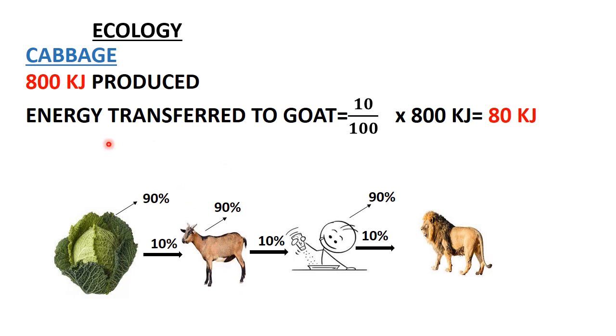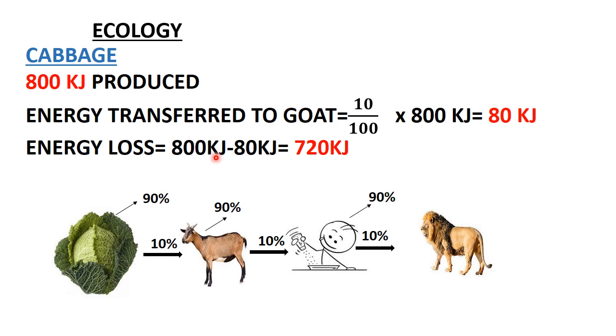We can say energy loss is 800 kilojoules, which was initially available, minus 80 kilojoules, which has been eaten, which means the remaining one is 720 kilojoules. So this 720 kilojoules is what has been lost through the processes that I had mentioned.